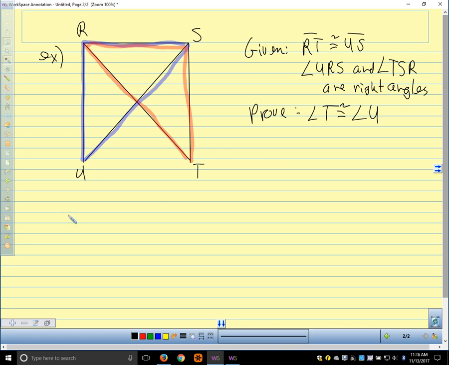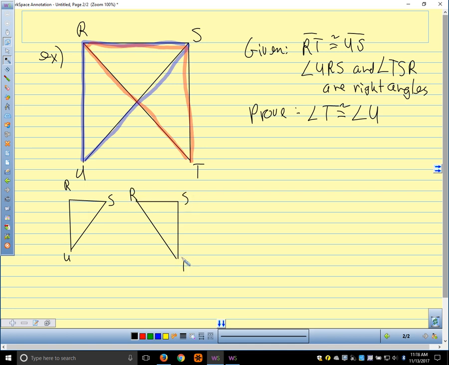So let me redraw those, and then we can mark our congruent pieces. So there's a new drawing. That is our U and S, and this is our ST. All right, so we know that RT is congruent to US, and angle URS and TSR are right angles.